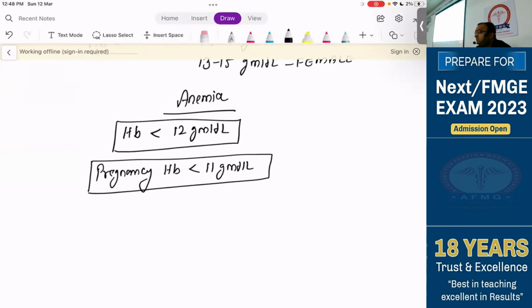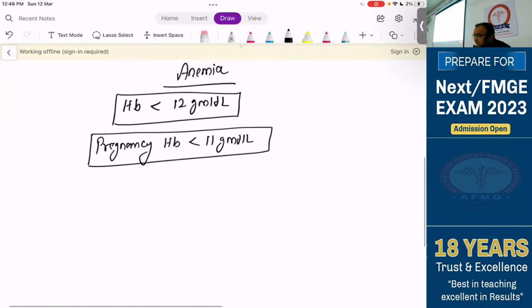So the definition of anemia is the same for male and female. Both have the same criteria, anemia once it is below 12 gram per deciliter. But for pregnancy, it is different: less than 11 gram per deciliter.